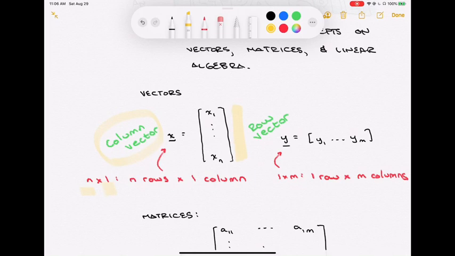We could express a collection of objects not as a stack vertically, but stacked out horizontally. So this time it goes along a row. These are called row vectors. In our convention for the size, there's a single row, and then however many objects; I'm going to call it m here. There's going to be m objects in here. So this is a 1 by m vector.